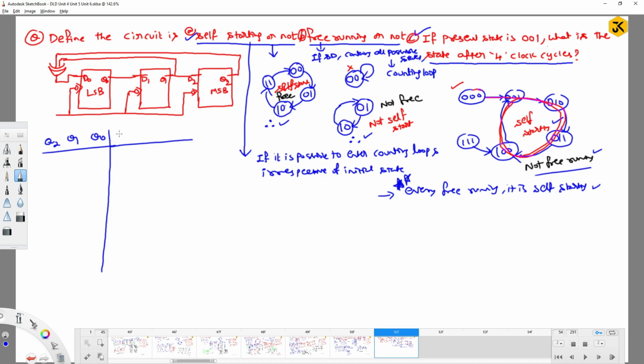The next states are Q2n, Q1n, Q0n. So 000, 001, 010, 011, 100, 101, 110, 111.